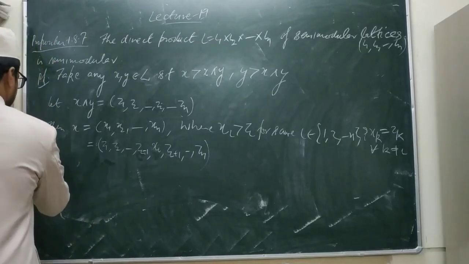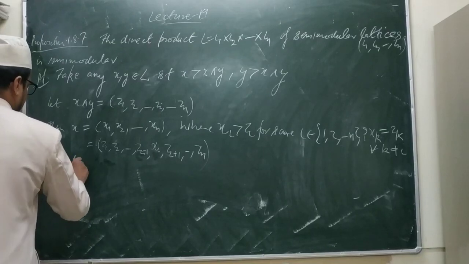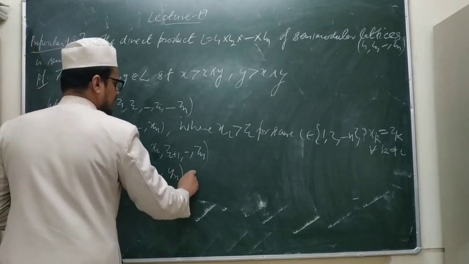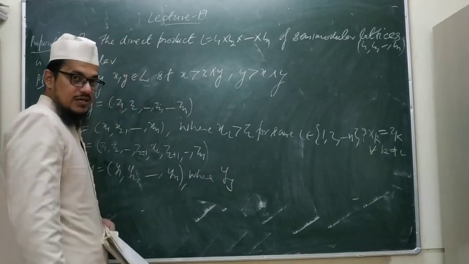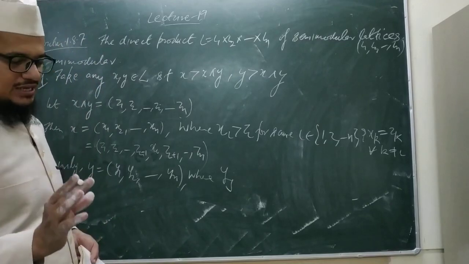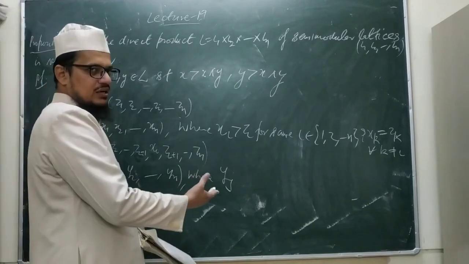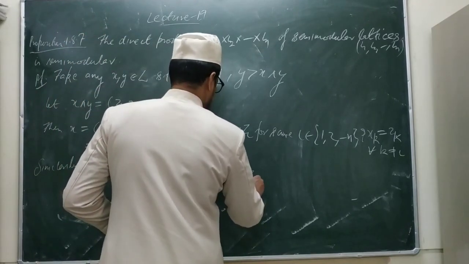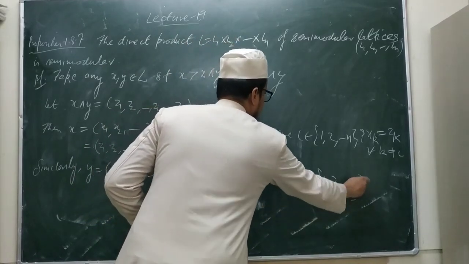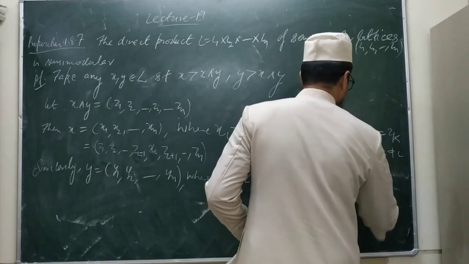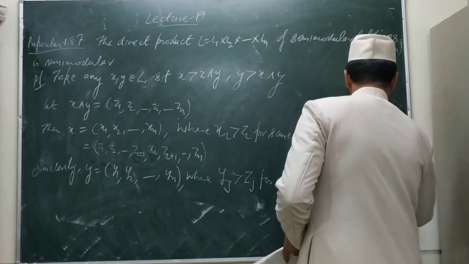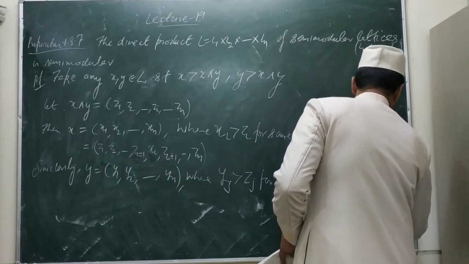So similarly, y will be (y1, y2, ..., yn), where yj covers zj for some j belonging to 1, 2, up to n, and yk is equal to zk for every k not equal to j.